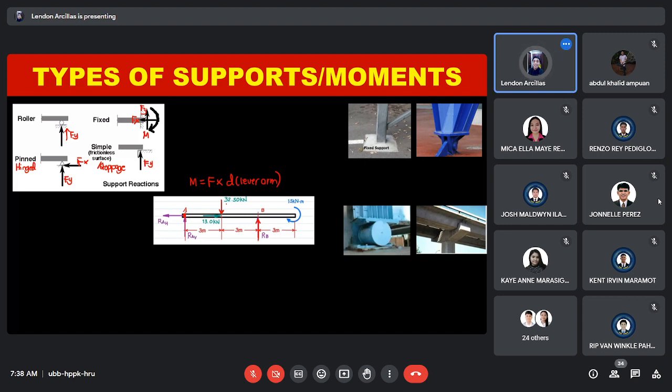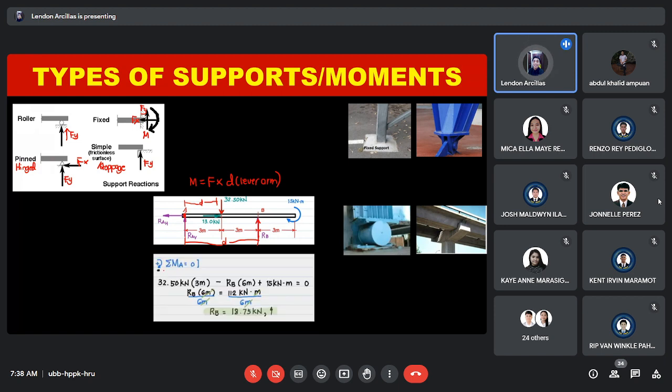Okay, so this force, as we take moment at point A, ang kanyang lever arm or distance is this one. Okay? Next is this force over here, and kanyang moment is from point A up until point B. Okay? So yun. So as we take moment, we do have also a convention. So convention tayo na counterclockwise or going to the right, that we take as our positive moment.